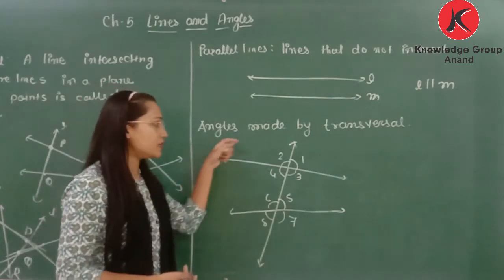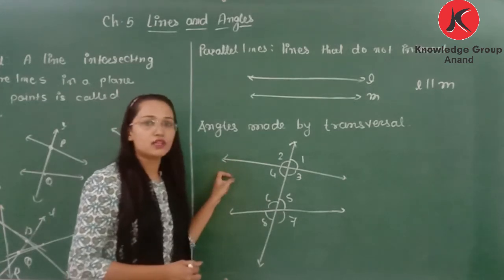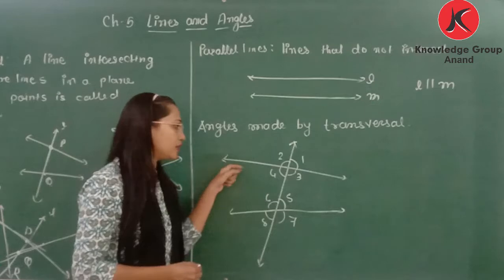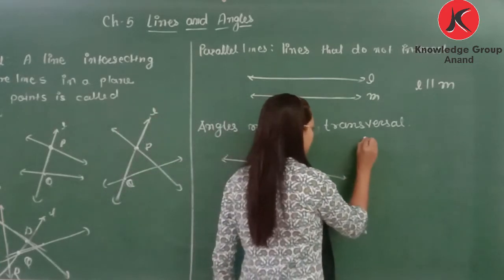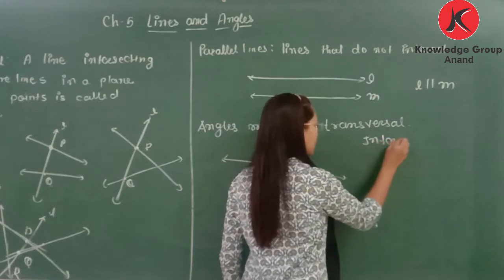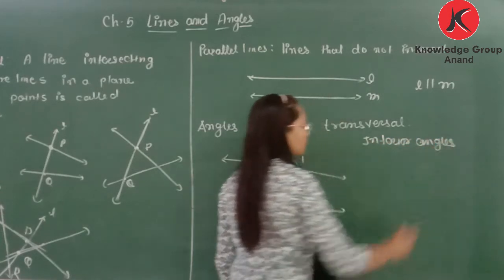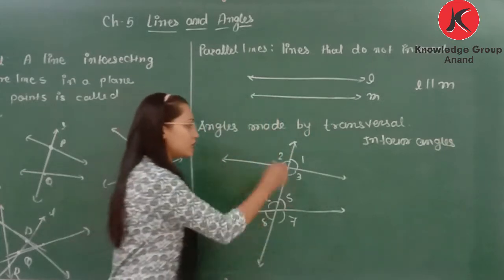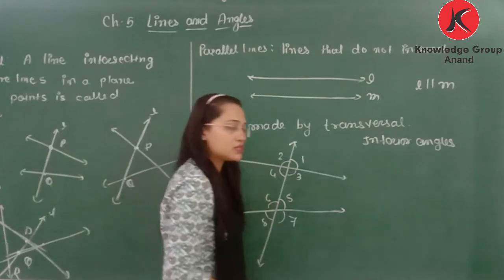Okay. Now angles made by a transversal. Which are the angles formed by a transversal? So you can consider first the interior angles. Now which are the interior angles in this figure? You can see angle 3, angle 4, angle 5 and angle 6.